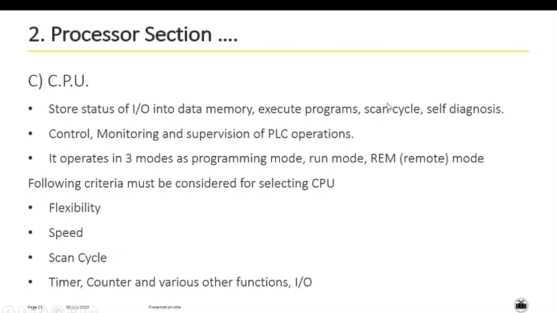Just remember that it consists of input scan, processing the signal, output scan, and the final diagnosis of the system. The last function is self diagnosis. It will take care of all peripherals of the PLC: input module, sensor, actuators, output module, power supply, as well as the processor's own self management.